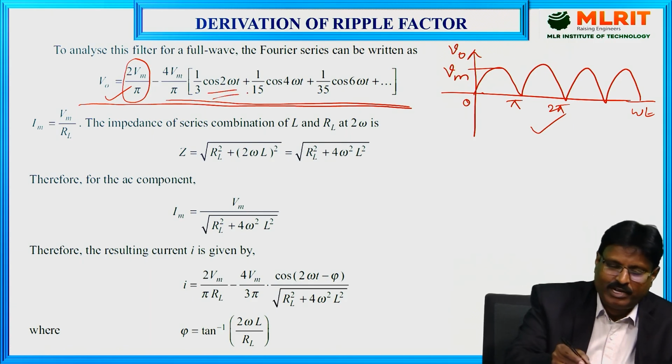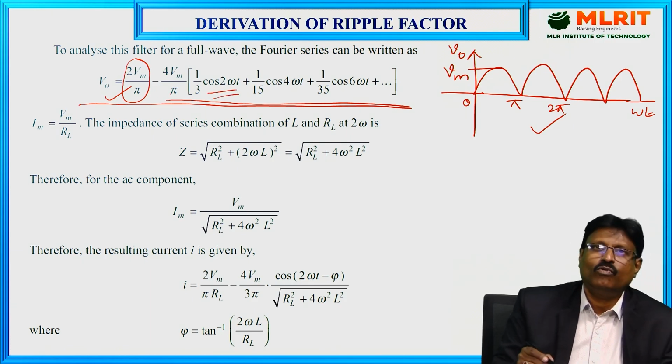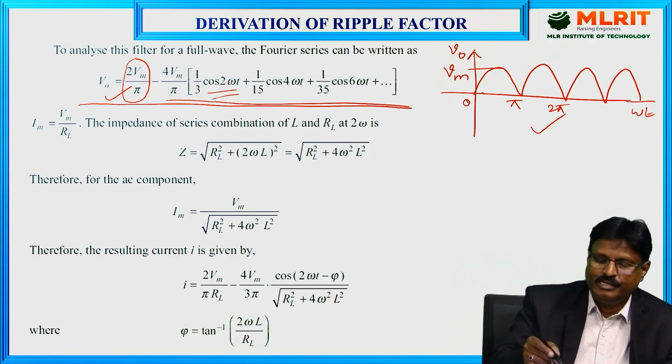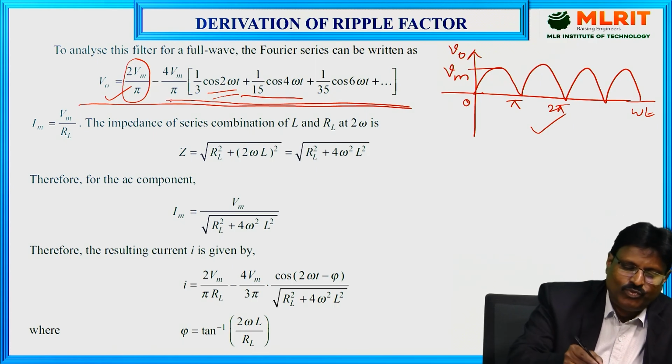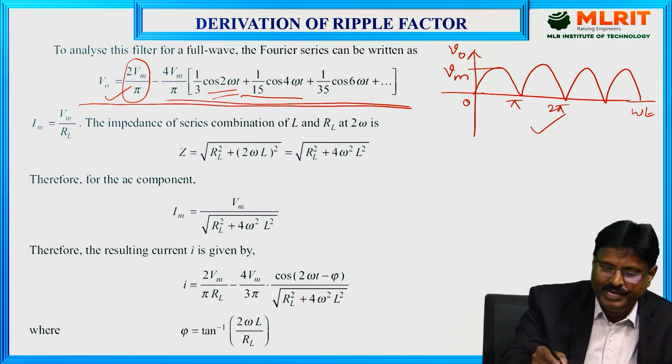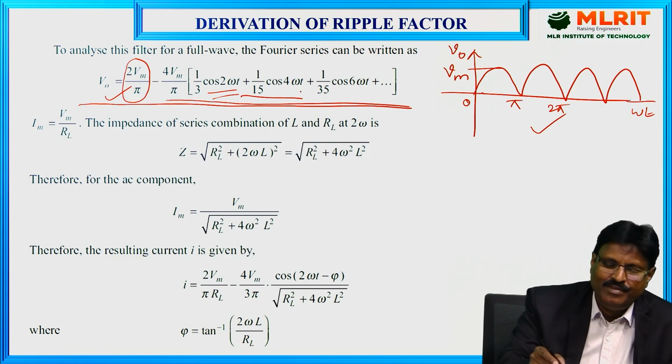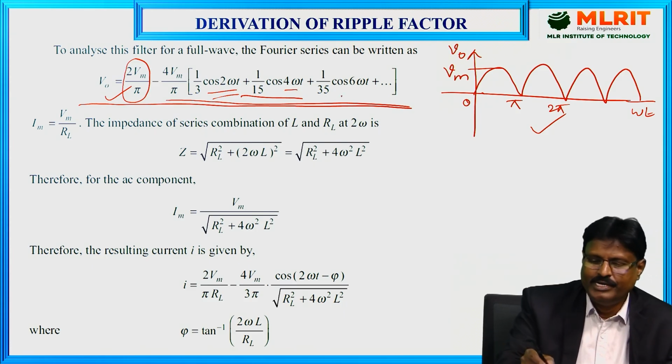That means it is an AC voltage, and the harmonic is 2 omega. The next term is minus 4 Vm by pi into 1 by 15 cos 4 omega t. Once again it is an AC voltage with a harmonic of 4 omega, and so on.